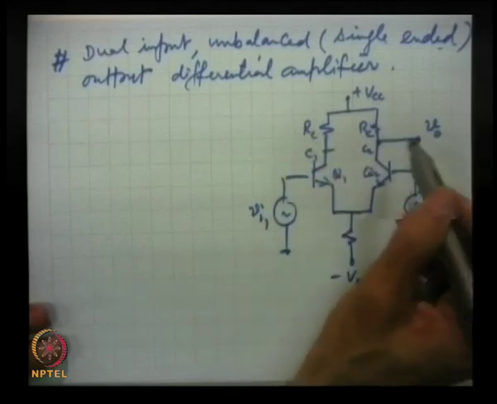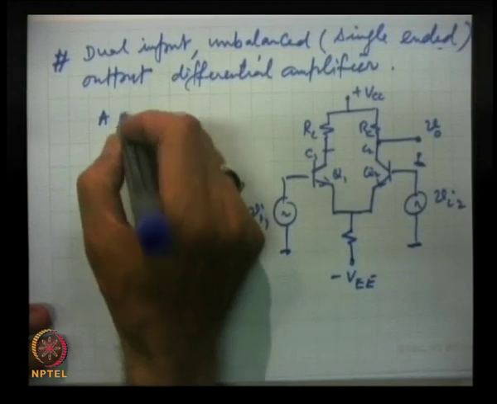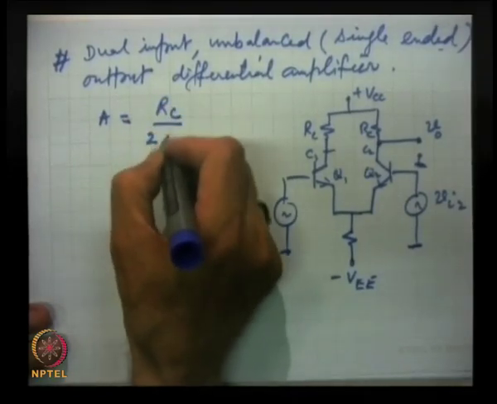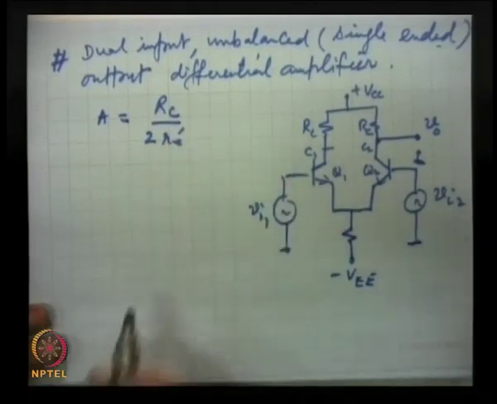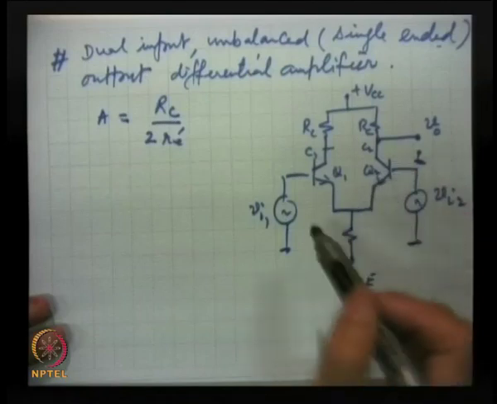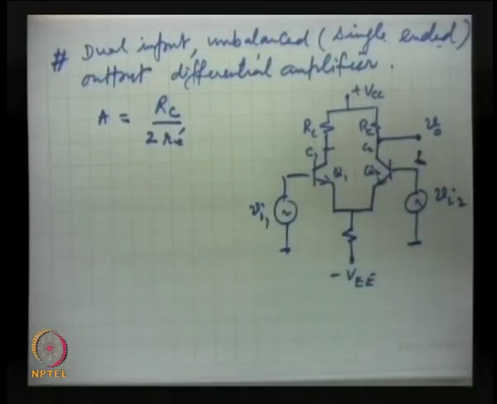But here this gain A will be equal to RC by 2 RE prime, because the signals will be amplified. What we are now using is only half the capability of the differential amplifier. I just make this point clear.